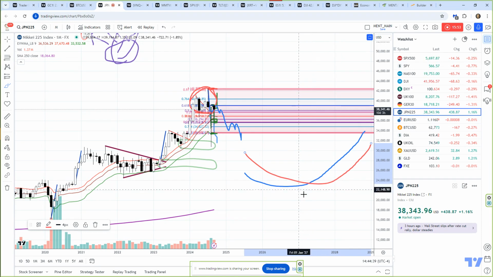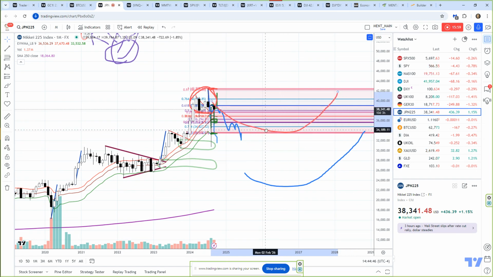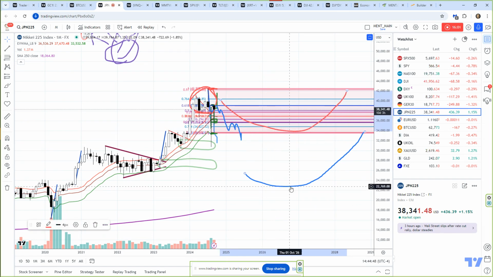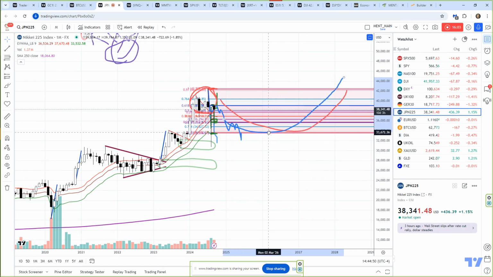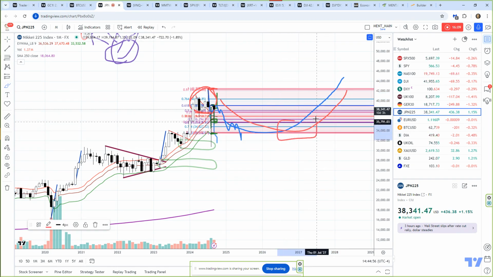And that, I believe, as I've drawn here, maybe not in this manner, maybe not this deep, is going to happen right over in this area, basically right in this area. 2027, 2028.